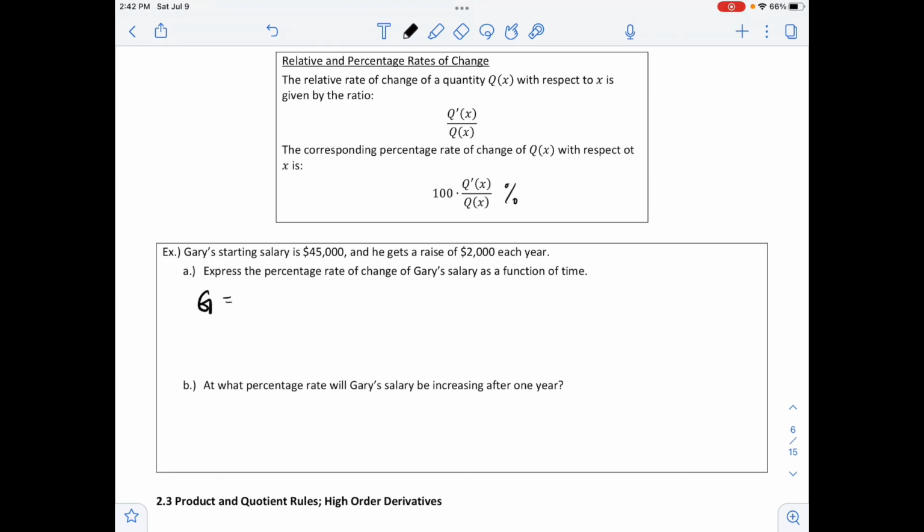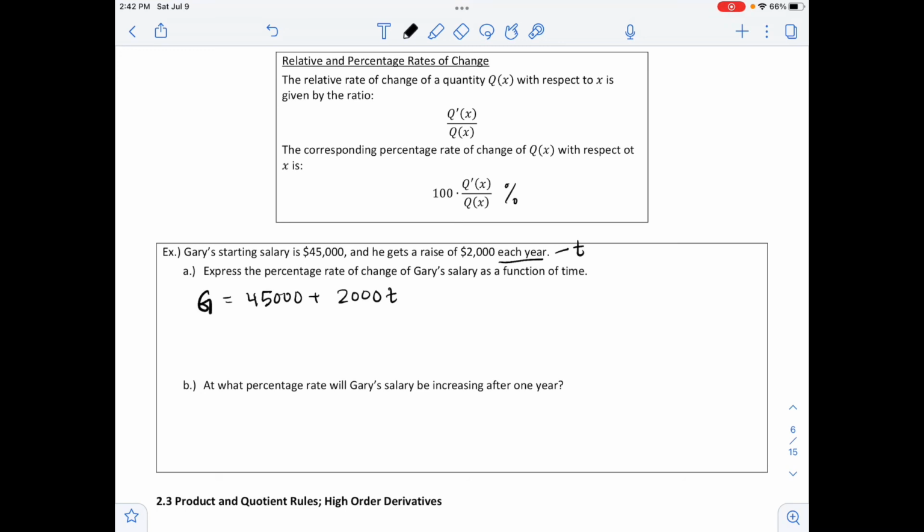And so his base salary, his starting salary is $45,000. Plus he gets a raise of $2,000 for each year. And I'll say each year we'll call T. So 2,000 times T.